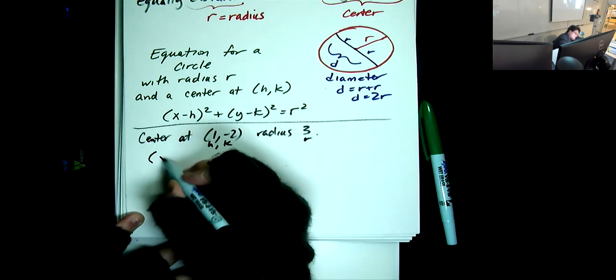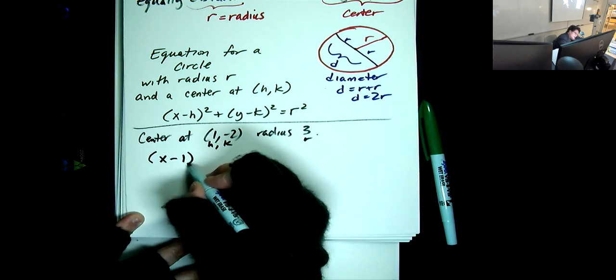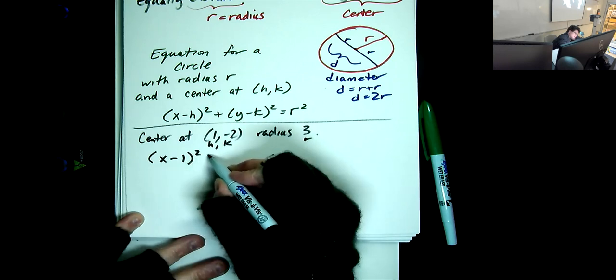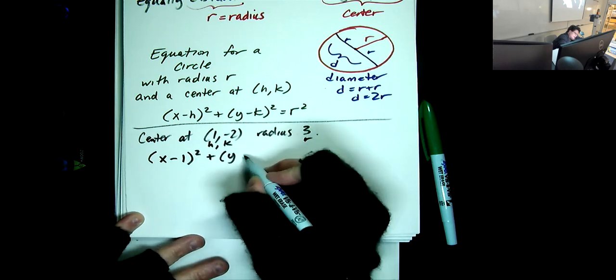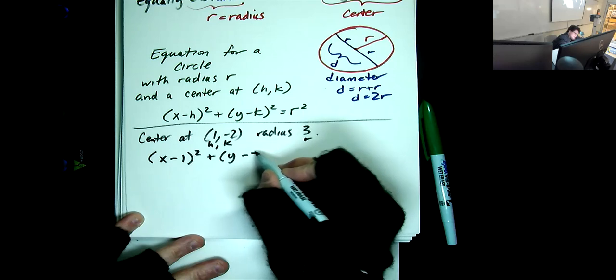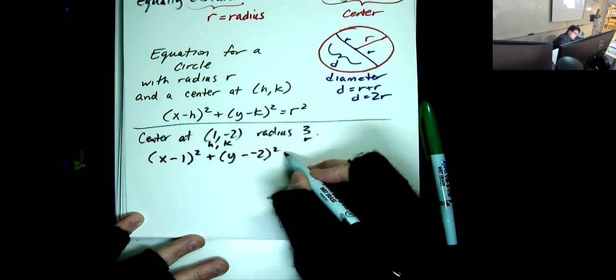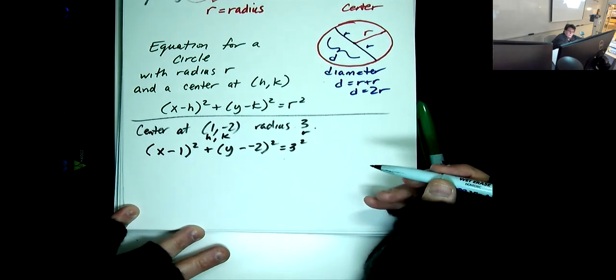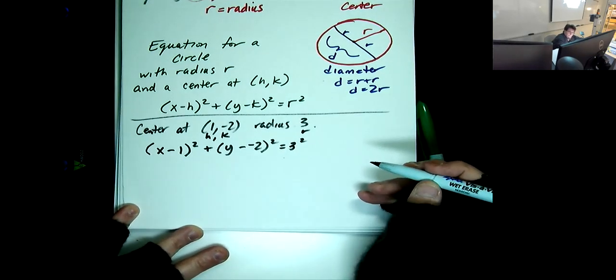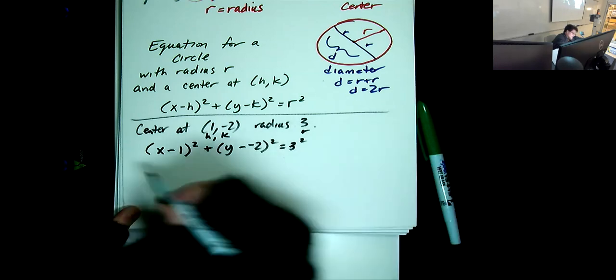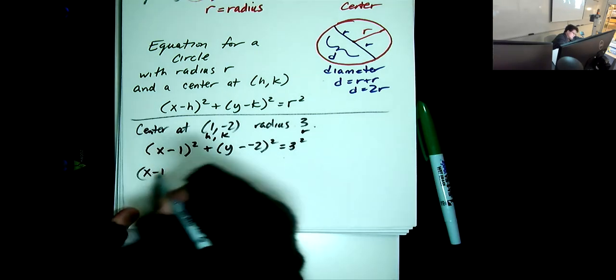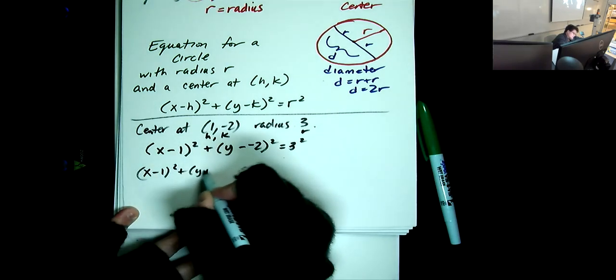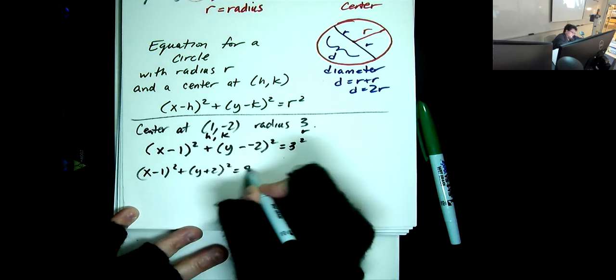I'm going to have (x minus 1) squared plus (y minus k, which is -2) squared equals 3 squared, which is r squared. So (x minus 1) squared plus (y plus 2) squared equals 9.